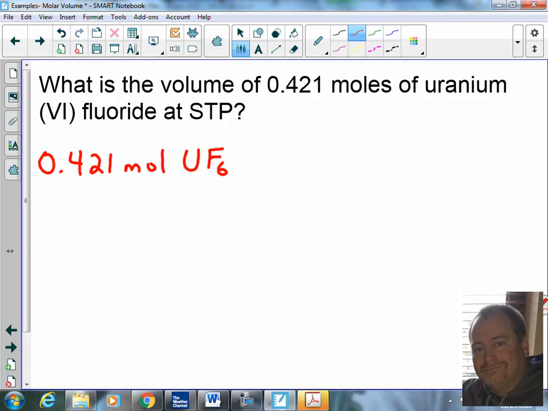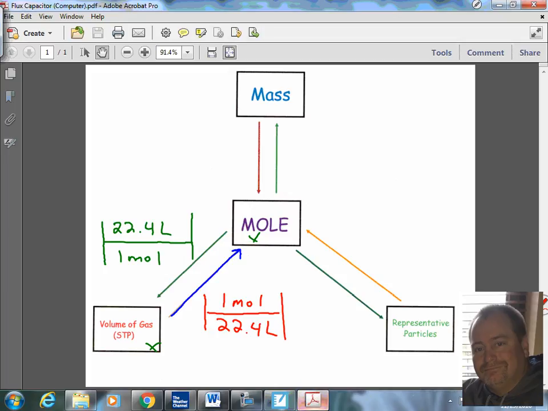Remember, the Roman numeral tells you that the uranium is going to be a 6+, so I need fluorine. There's -1. I need 6 of them. Now, for this particular one, I'm given moles, and I need to follow the green line down to get my volume of a gas at STP. So the value I'm going to use is right here. 22.4 liters over 1 mole.